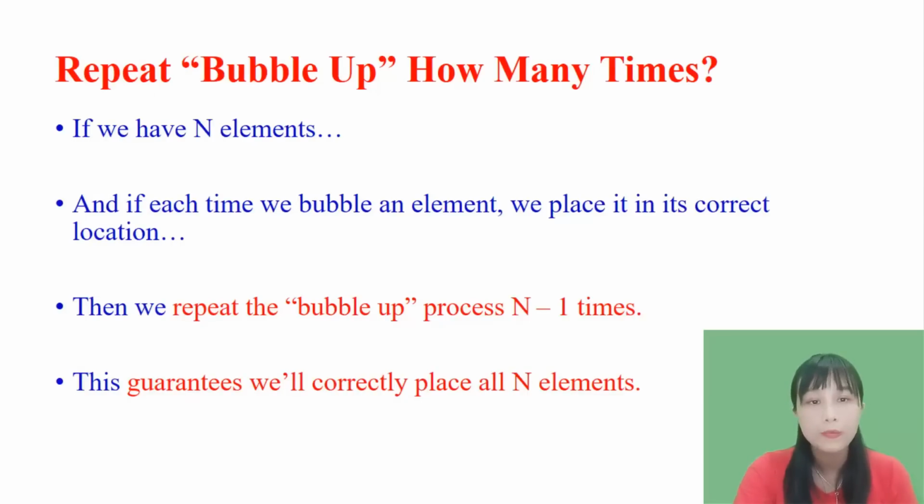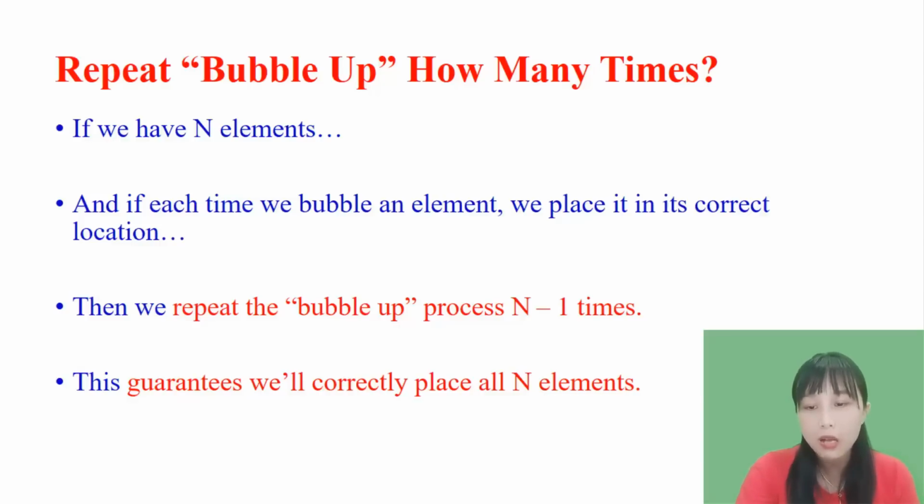Repeat the bubble up how many times? If we have n elements, and each time we bubble up we place one element in its correct location, then we repeat the bubble up process n minus 1 times.